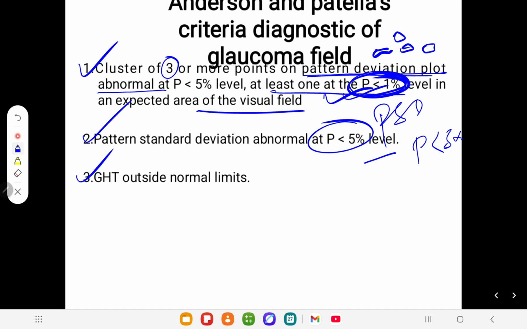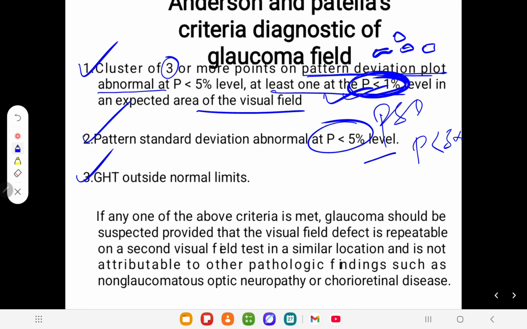And another criterion is glaucoma hemifield test outside of normal limits. Okay, in these three things, it's very important that you see meticulously.